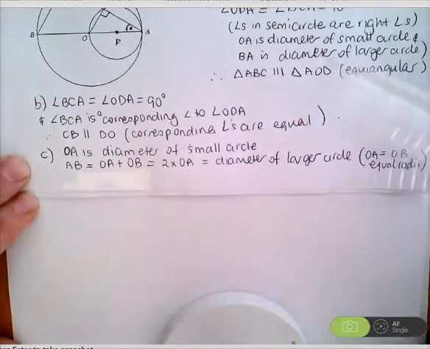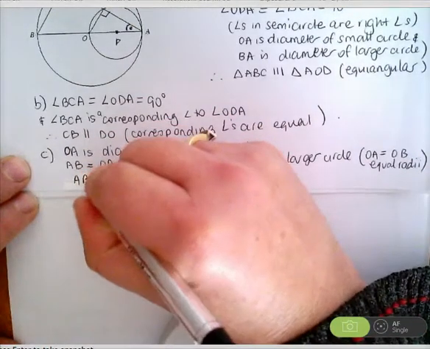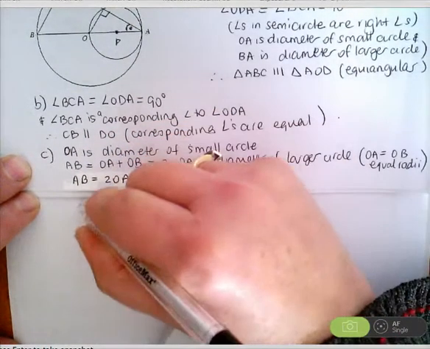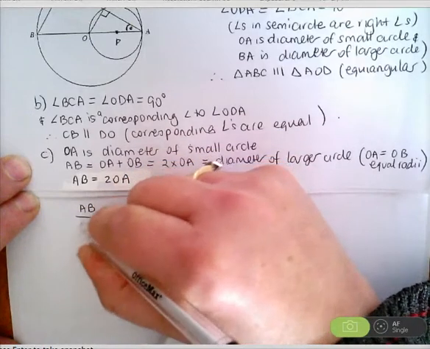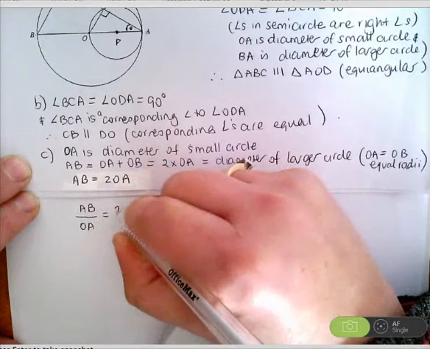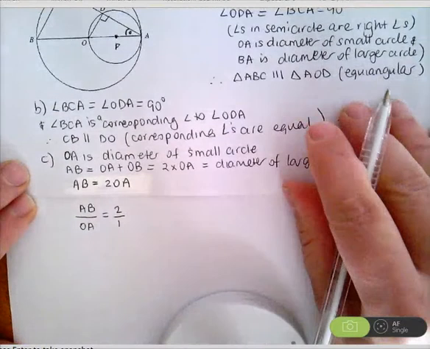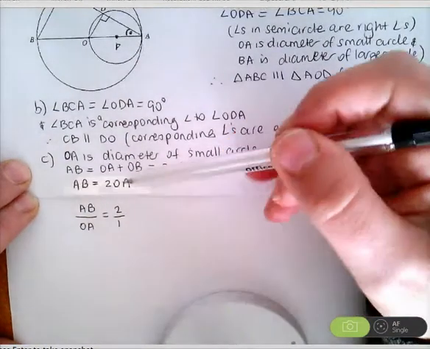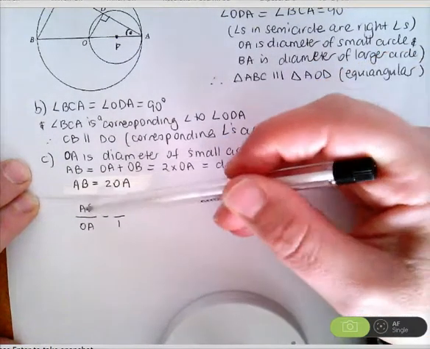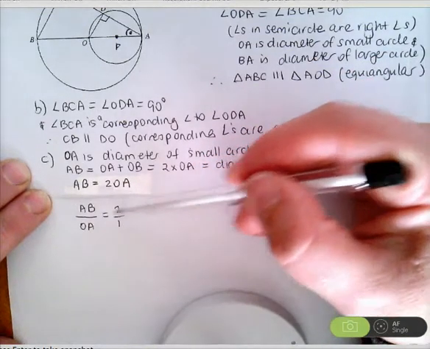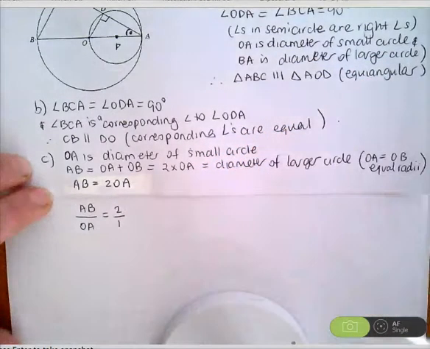In other words, if AB is equal to 2 times OA, then the ratio of AB over OA is equal to 2. In other words, it's 2 to 1, okay? Because AB is twice the size of OA, the ratio of AB over OA is 2, which really means 2 over 1.